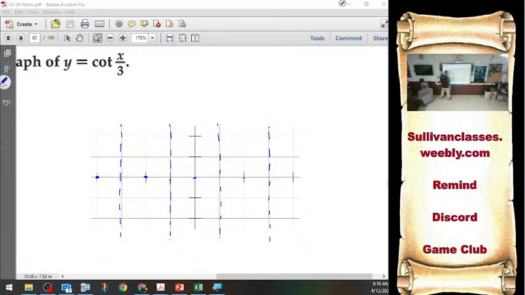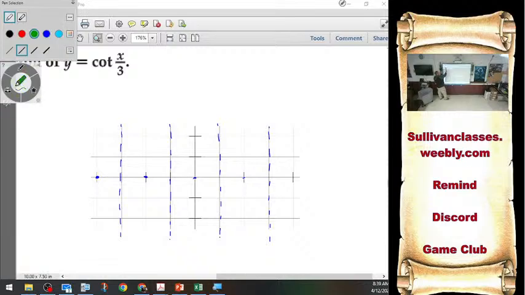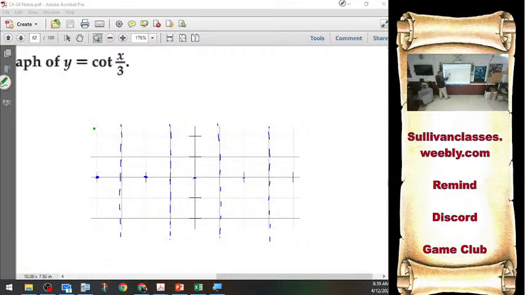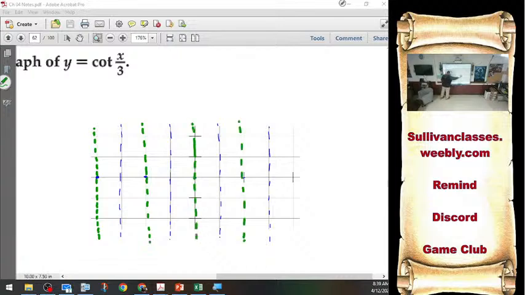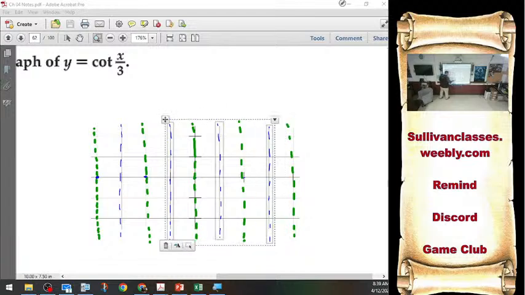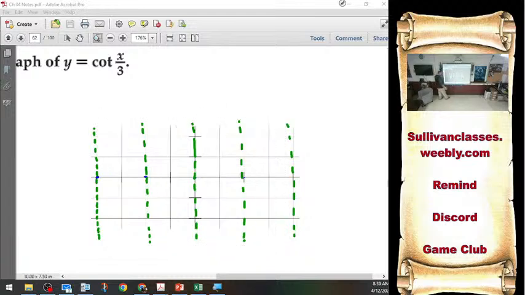That's regular tangent. So I flip the whole thing on its head and say now x-intercepts become asymptotes, and all of those asymptotes will become x-intercepts.